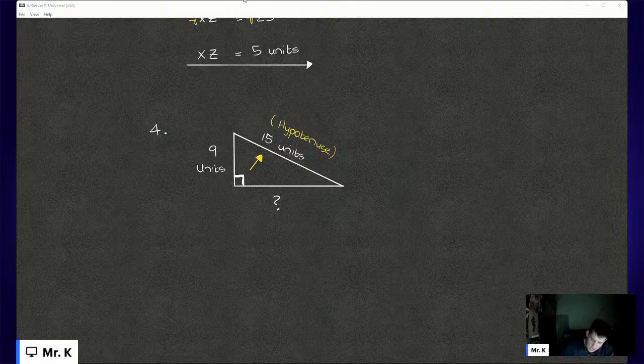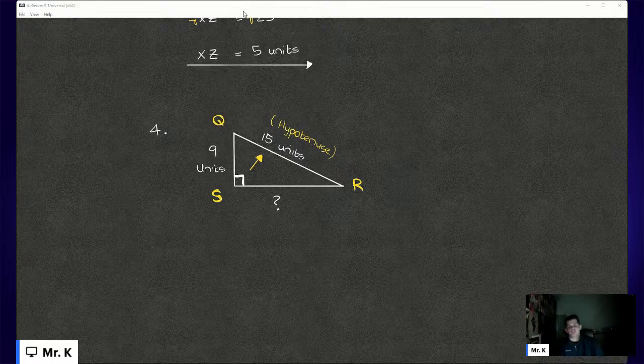This triangle we can label QRS, triangle QRS.